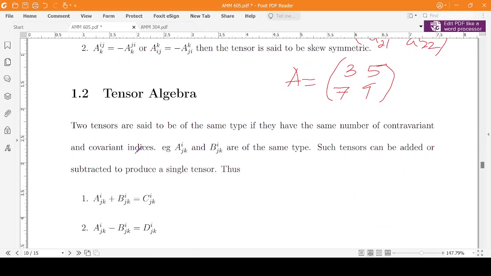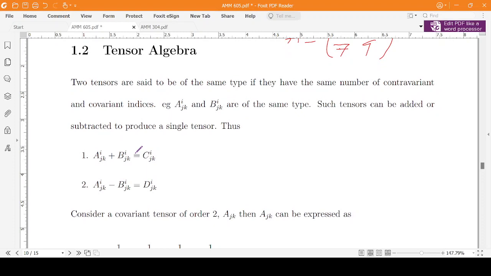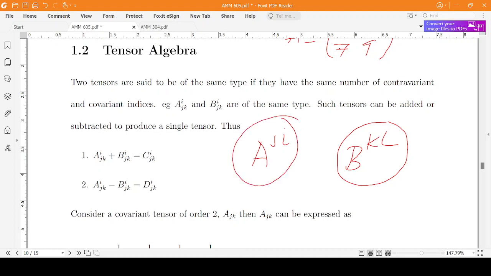Now we look at the tensor algebra. We shall say that two tensors are of the same type if they have the same number of contravariant and covariant indices. So if we have a tensor Aij and another tensor Bkl, we shall say that these two are of the same type, because they have the same number.